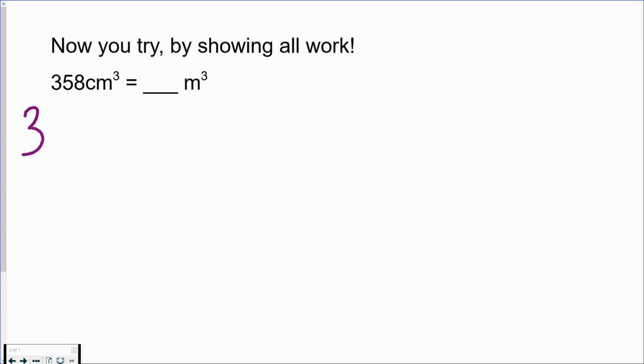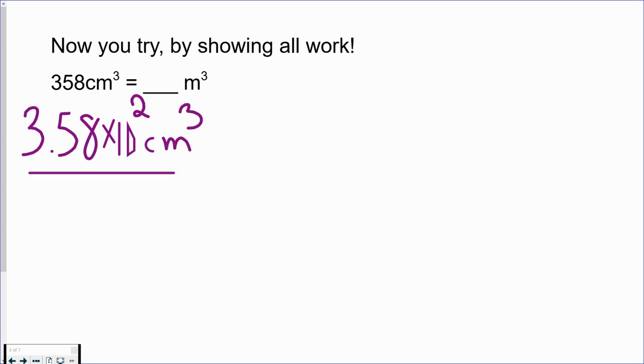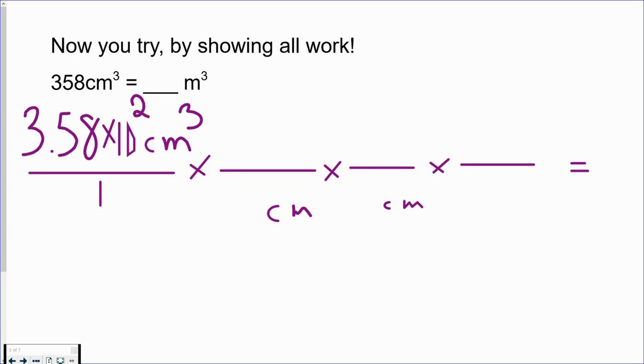So we put this in scientific notation. Since it's cubed, we need those factors 3 times. Centimeters is going to go down on the bottom. Meters goes up top.